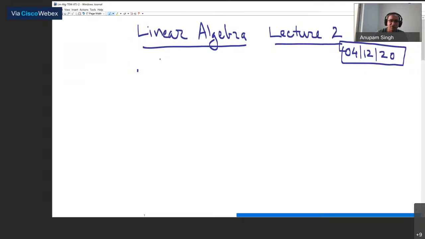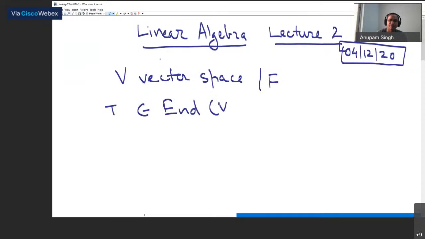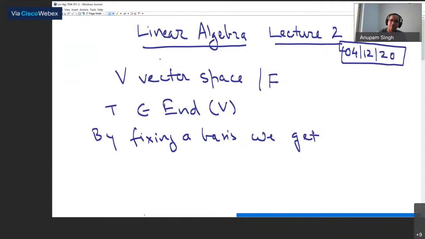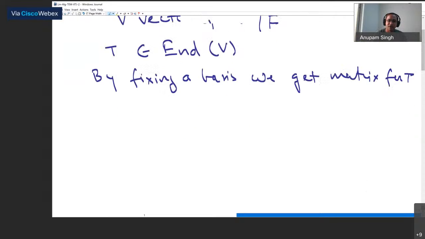So we have a vector space V over a field F, and we take T a linear transformation, so it's an element of End V. And when we try to write a matrix for the linear transformation by fixing a basis, we get a matrix for T. But the problem is that we can get several matrices.